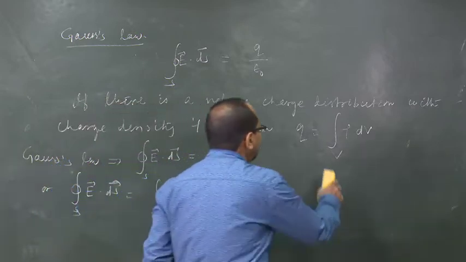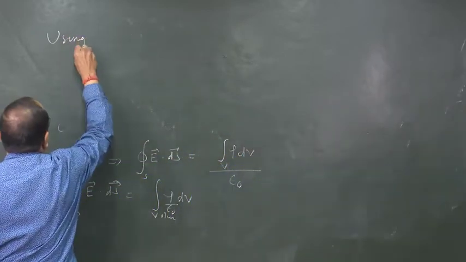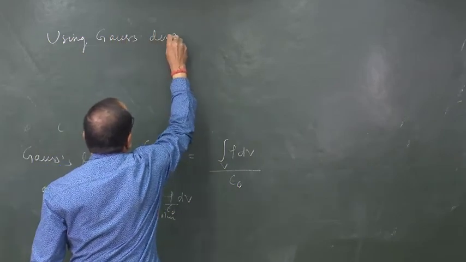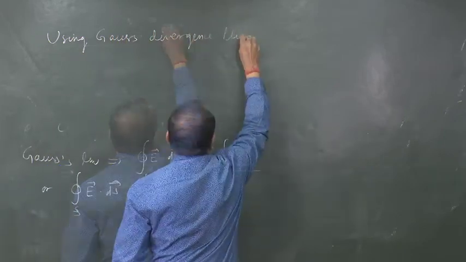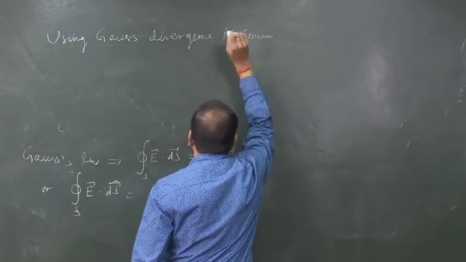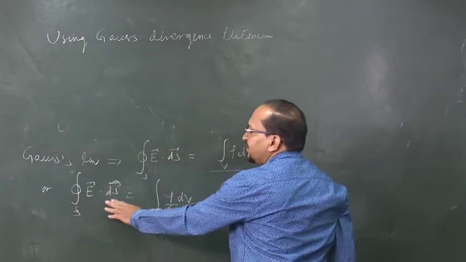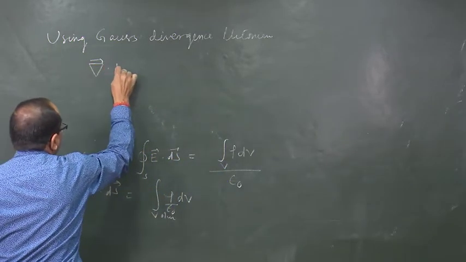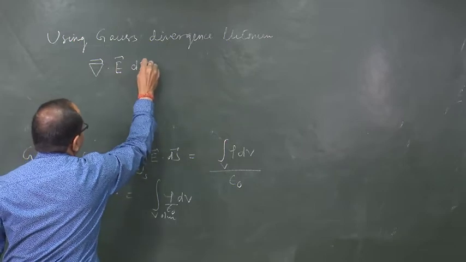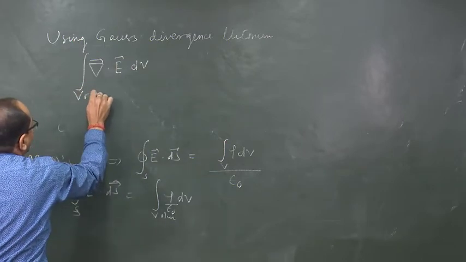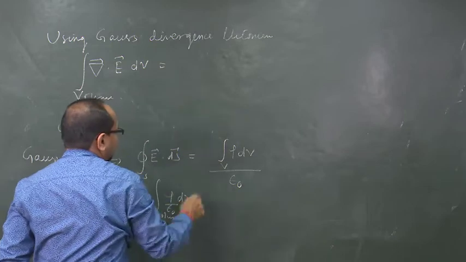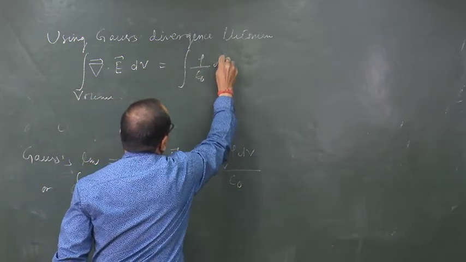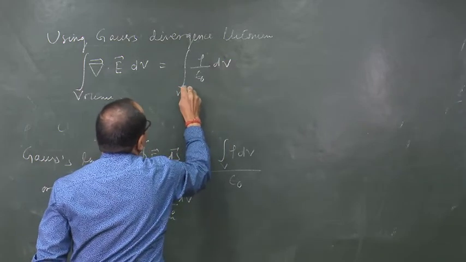So, using Gauss divergence theorem, the left hand side becomes integration of divergence of E dV over volume, which is equal to the right hand side, integration of rho by epsilon naught over volume.